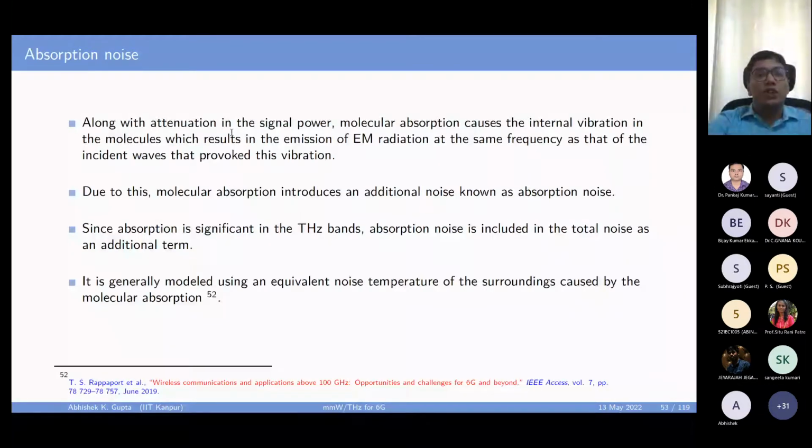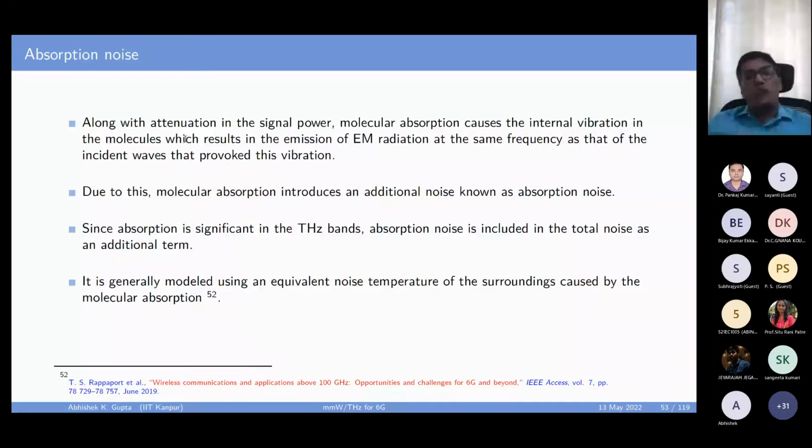Then you have absorption noise. Right? So what is absorption noise? What happens is when the wave propagates, these molecules can absorb the signal by colliding with it, which causes a vibration, and because of that they themselves can emit electromagnetic radiation at the same frequency.